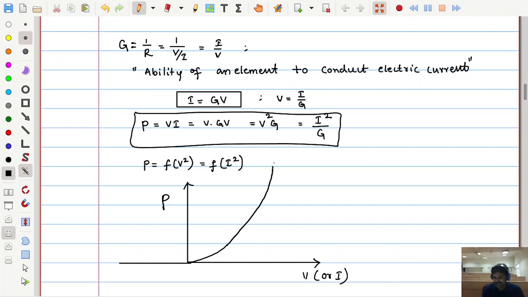Why? Because the square term is there. Similarly, if the voltage is increasing negatively, then the negative square will become positive again, so the power will still be positive. It looks like a parabola. So this is the nonlinear power relationship with voltage or current.